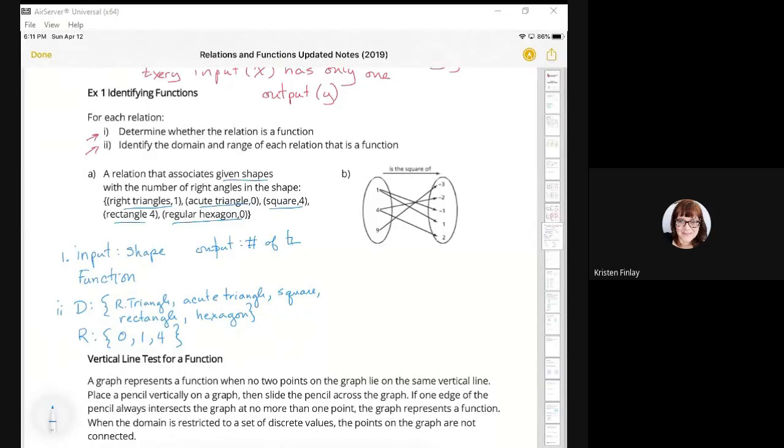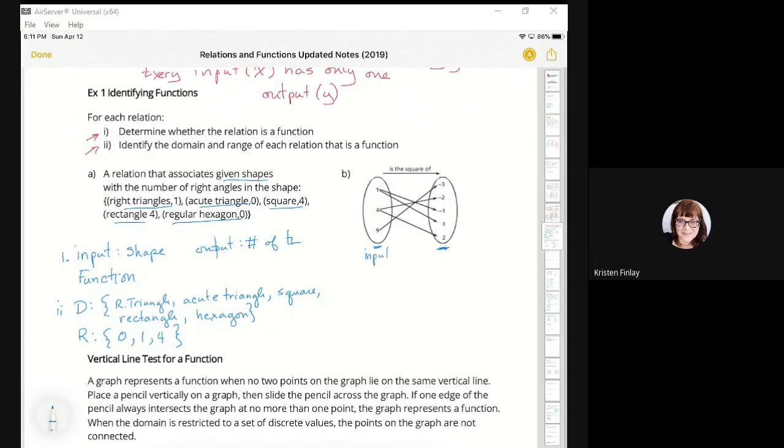Okay, now looking at this next one, for these numbers, these are the squares of those numbers. So looking at this, it is the square of these numbers. So -1 times -1 gives me 1. 1 times 1 gives me 1.